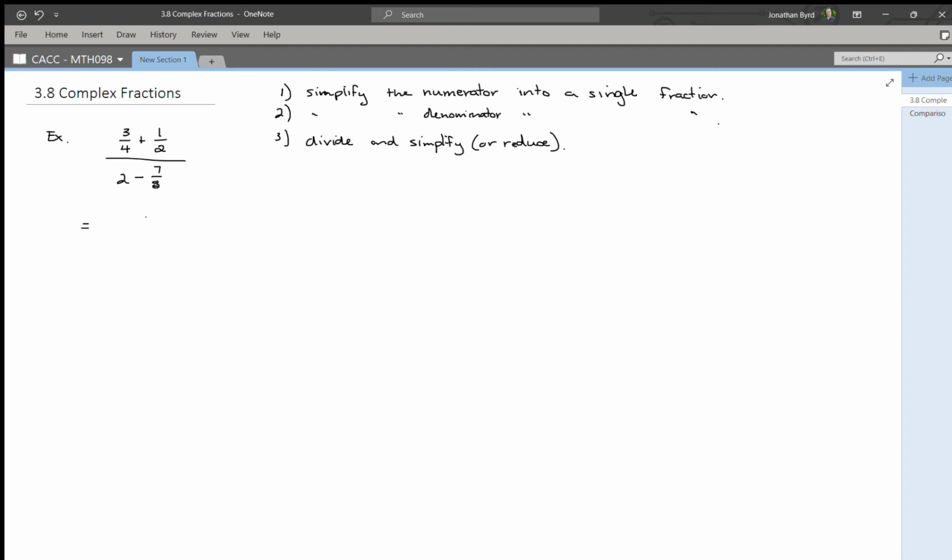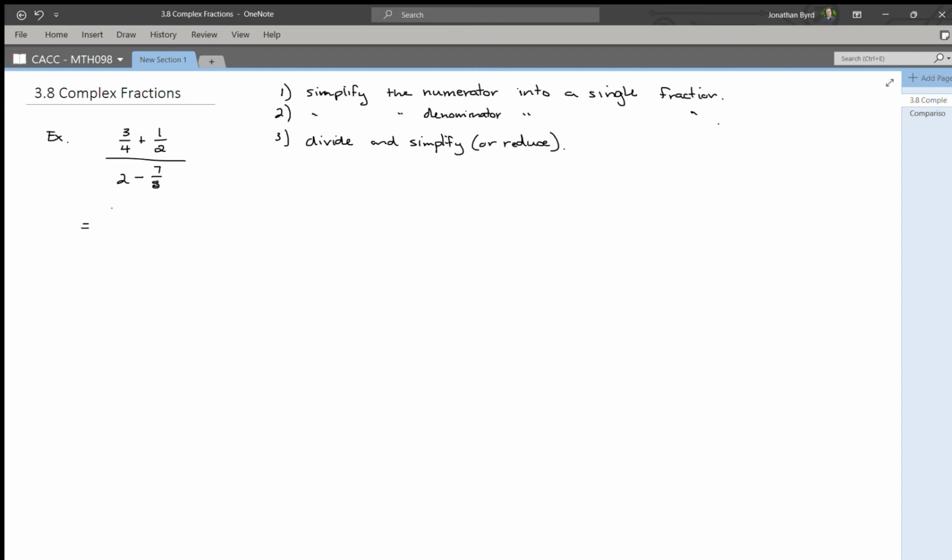So the numerator part, we have a 3/4 fraction and a 1/2 fraction. So I need to combine that into a single fraction. Well, my single common denominator is going to be 4. And that's really because 2 times 2 is 4. So I can get to a common denominator and I can recognize that.